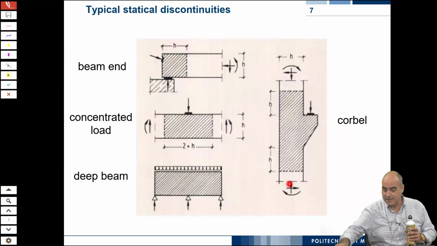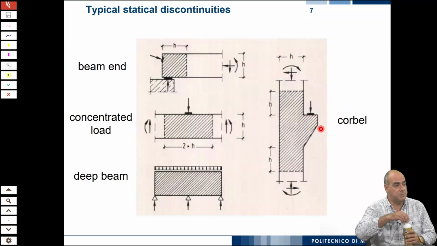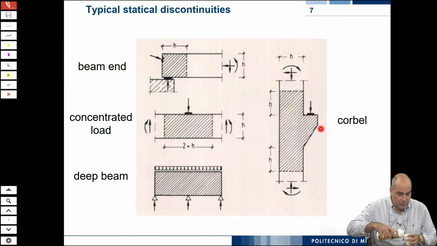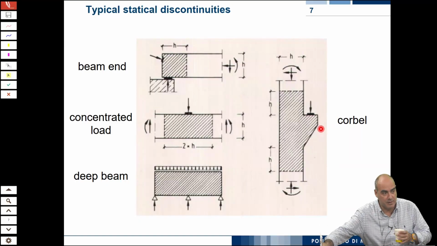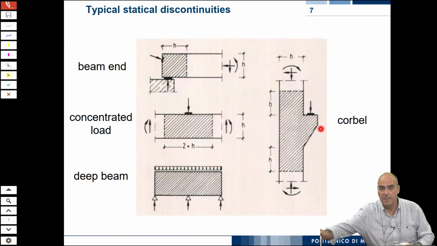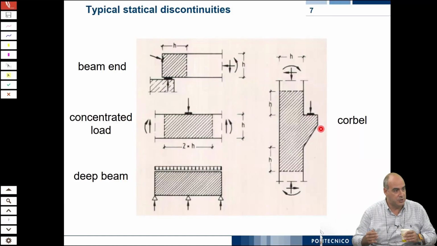Likewise, there is no meaning to speak about moment and shear in a corbel. Well, you can have something similar to that. You can say, okay, at this position I will have a moment effect or a shear effect. But from the beam theory point of view, concepts like moment and shear do not apply to D regions, because there you don't have patterns of strains and stresses so regularly distributed that the hypotheses of the beam theory can apply and you can use its mathematical tools.